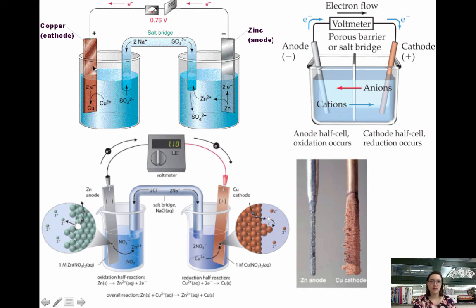So it's very important that you make sure you notice which electrode is where. Typically, when you create a voltaic cell, you're going to put the anode on the left, the cathode on the right, but it's important that you can still distinguish between the two. And then notice here in each one of these pictures we have a voltmeter. A voltmeter just measures the potential of the cell.